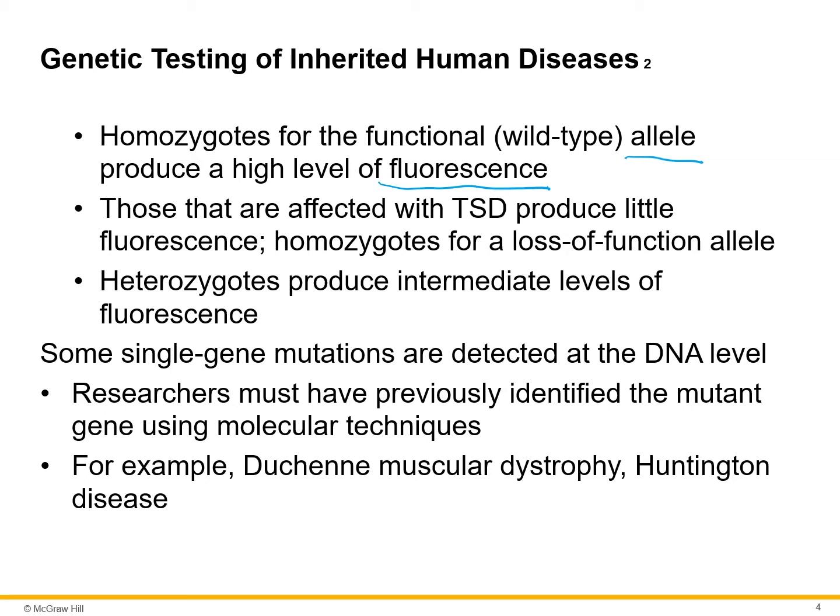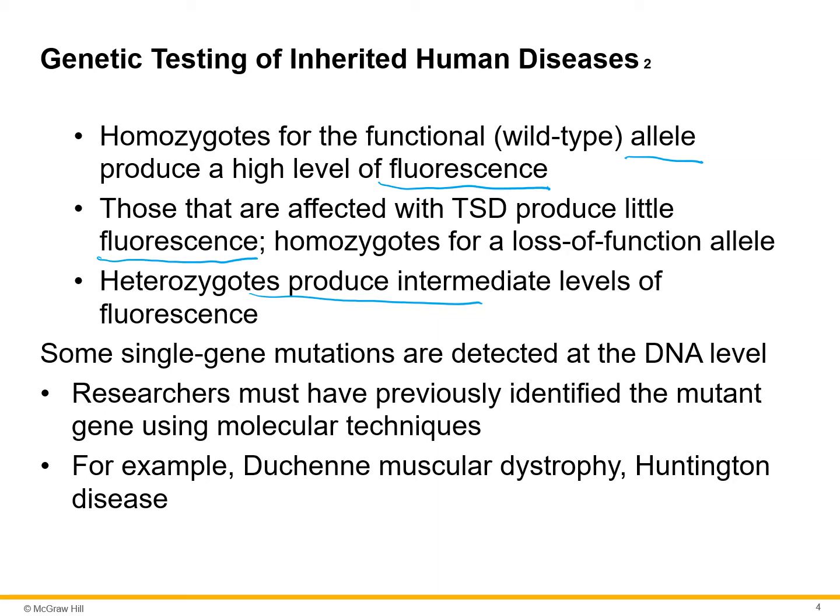Individuals with Tay-Sachs disorder will have little or no fluorescence, and heterozygotes have an intermediate level. So that's a way of determining whether you're homozygous dominant, heterozygous, or recessive by doing an enzyme assay linked to the enzyme that is affected by that disorder.